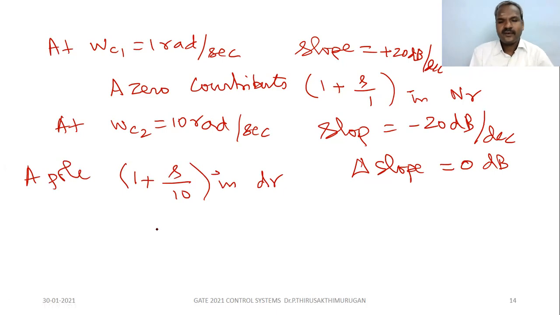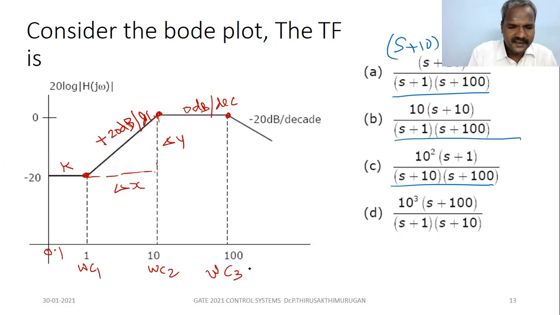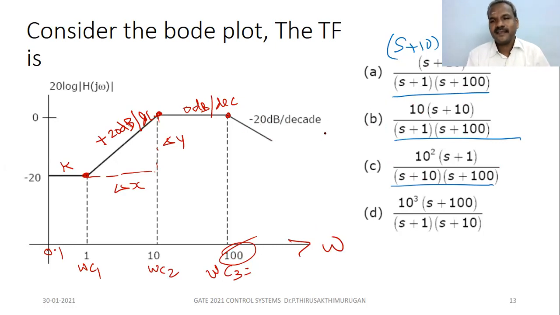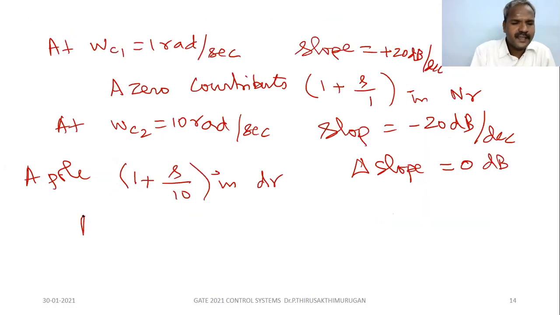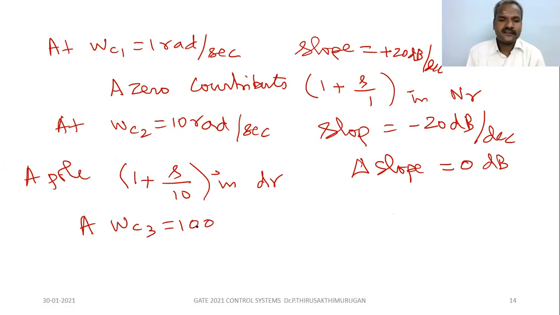Next, omega C3 is 100 radians per second. What is the slope change? Minus 20 dB per decade, again from 0 dB to minus 20 dB per decade. So minus 20 dB per decade means there is a pole, another pole. So at omega C3 equal to 100, it also contributes a pole in the denominator.